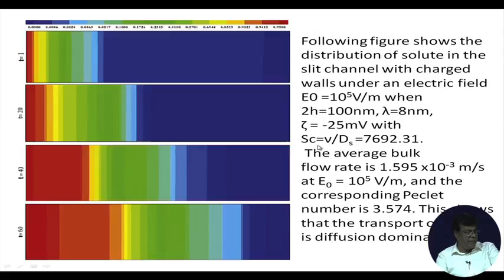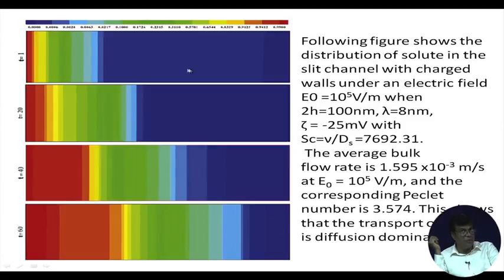Now we have taken the diffusivity of the solute in such a way that the Schmidt number is given this way. So the Peclet number comes to be 3.54, because the average bulk flow determines the Reynolds number, which is 10 to the power -3, but the Peclet number comes to be 3.54.